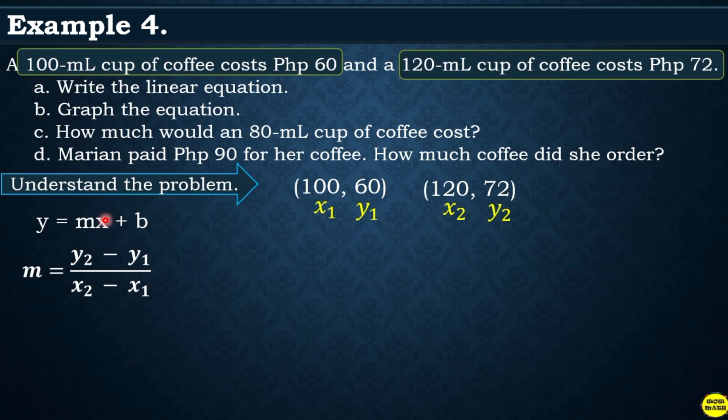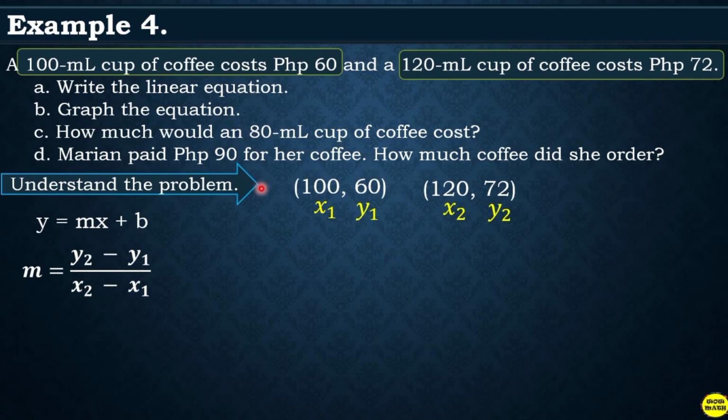So, paano? Wala naman tayong slope. Okay, so ngayon, ang gagawin mo, hahanapin natin muna ngayon yung slope. Okay, that's why I have here y sub 2 minus y sub 1 and then over x sub 2 minus x sub 1. So again you have a lot of ways, marami pong paraan sa pag-solve po nitong problem. So this is just one of the ways in finding the linear equation.